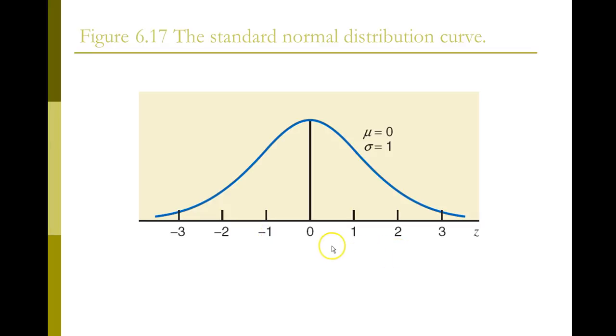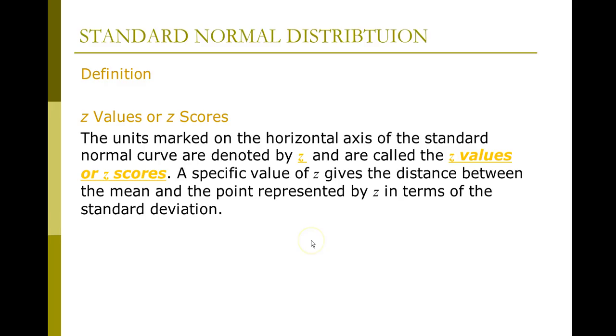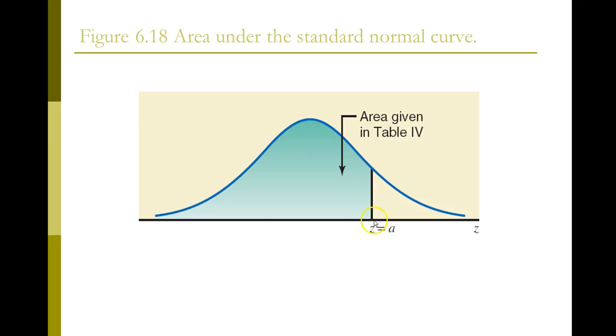So for that particular z-value, for z equals 0, it's easy to know what the area is to the left of that particular z. But in general, it's not easy. In general, we can't simply say what's the area to the left of some particular value. Like, suppose I said, what's the area if z is equal to 1?